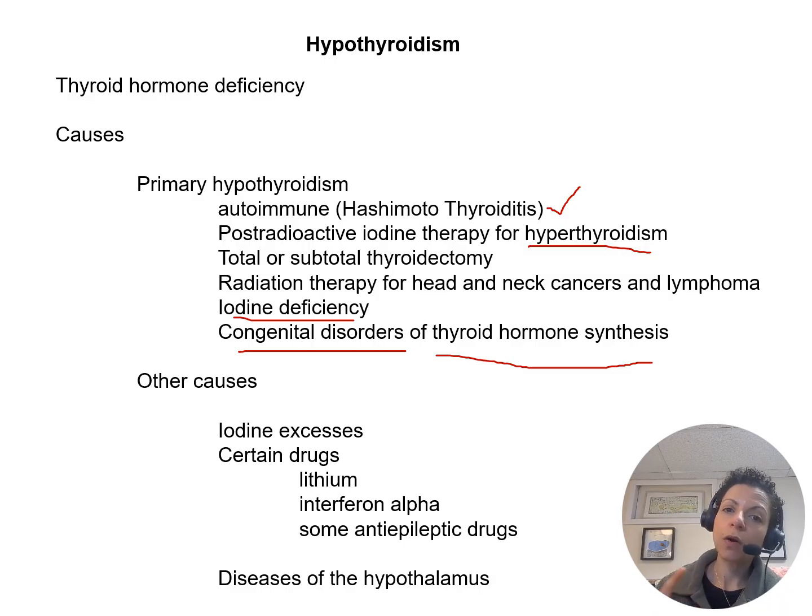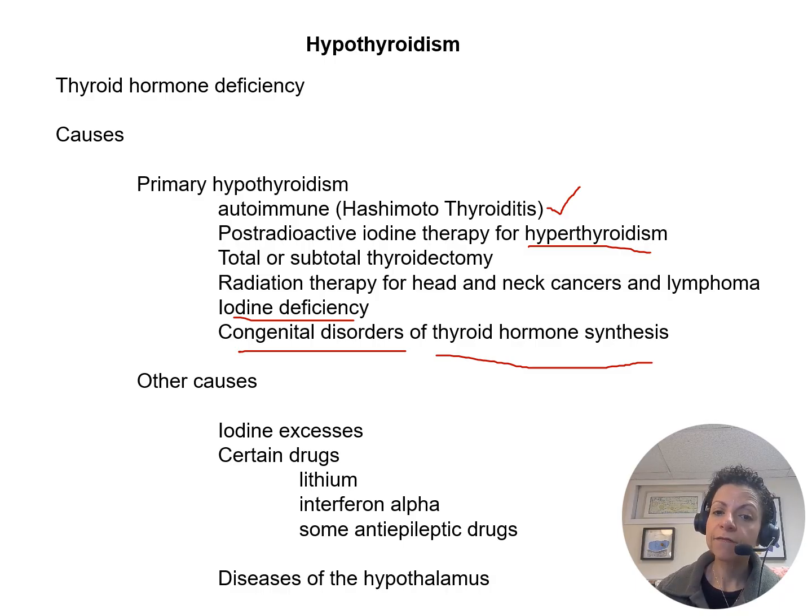But if you're given a little bit too much radioactive iodine, then you could end up becoming hypothyroid. So it's a complication of that procedure. It's pretty rare. The dosing of the radioactive iodine is actually quite precise.